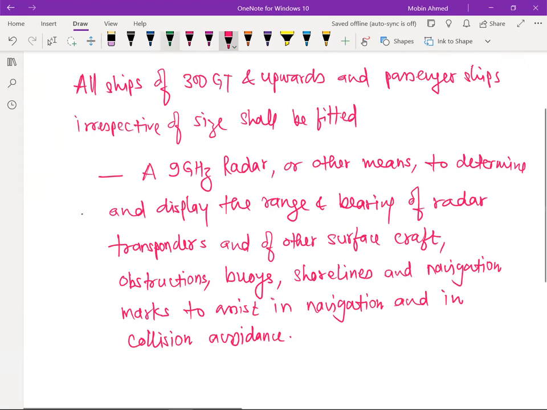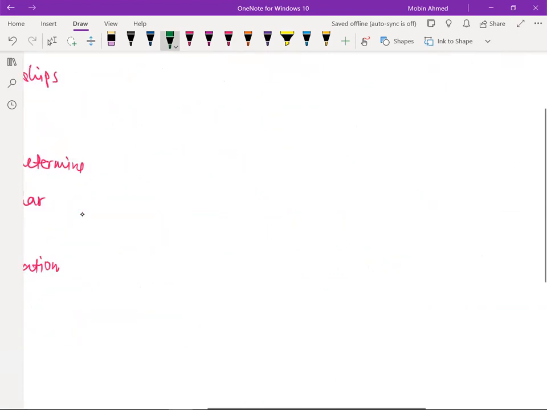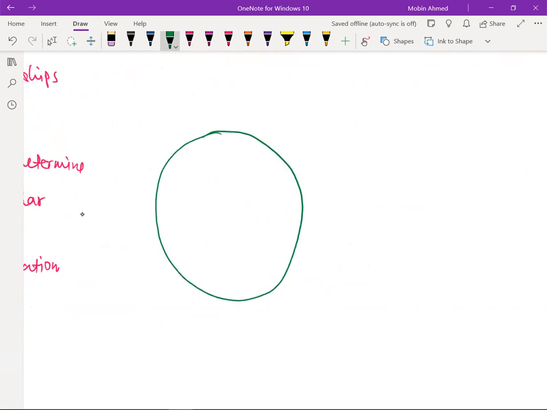So I hope everybody knows about the range and bearing. Like there is a display here. There is a radar display, suppose. So in the radar display, we are going to have a sweep.